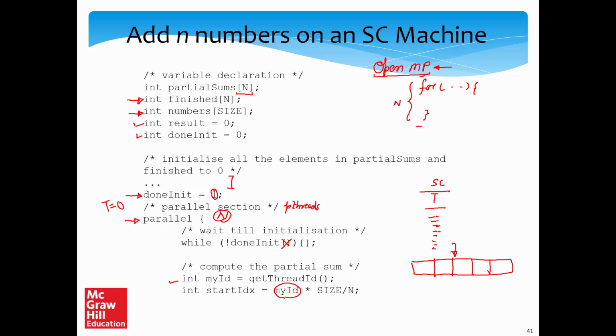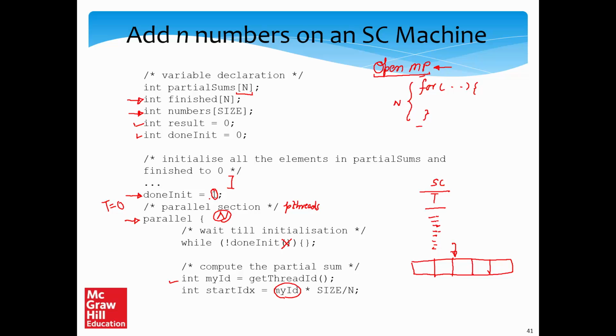Also, when we waited for the initialization to be done, why did we have to wait? Well, we waited mainly because we are not sure that all of these things are done. The main idea is that the creation of the parallel thread and the write could have been reordered. We didn't want that, even on an SC machine.